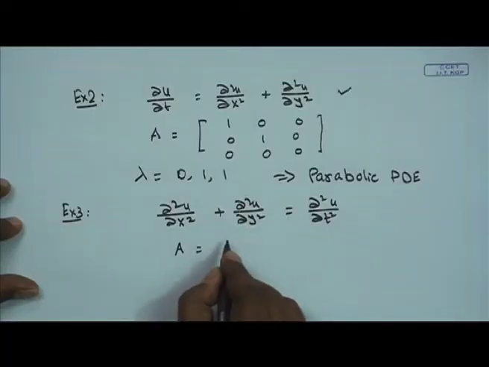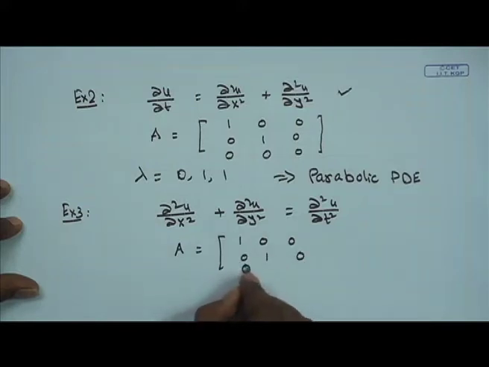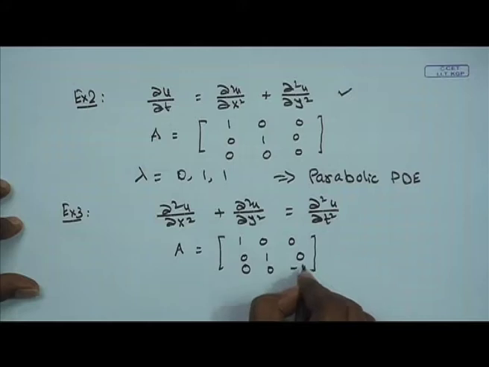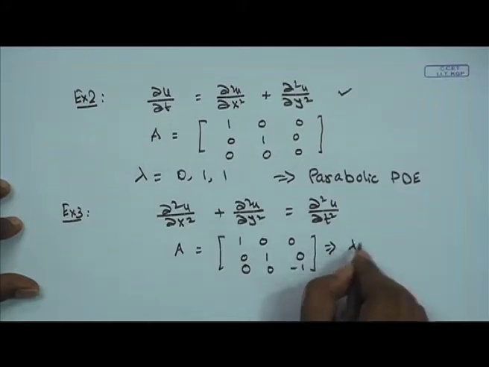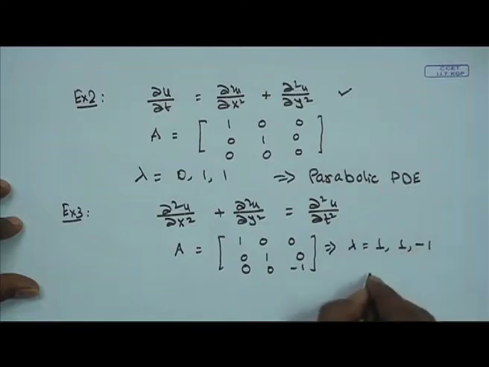Then if we formulate the coefficient matrix, the coefficient matrix becomes [1 0 0; 0 1 0; 0 0 -1]. So now the eigenvalues will be 1, 1 and -1. So we have landed in a hyperbolic partial differential equation.